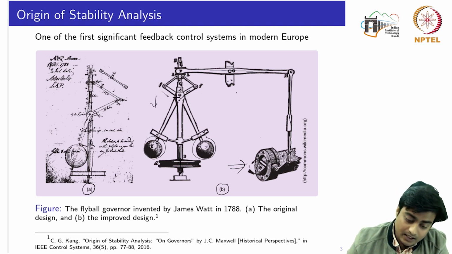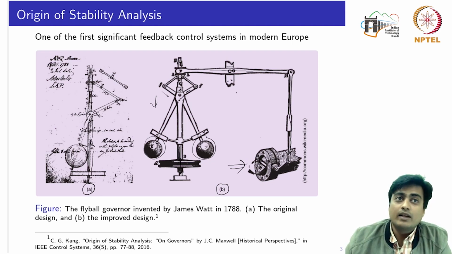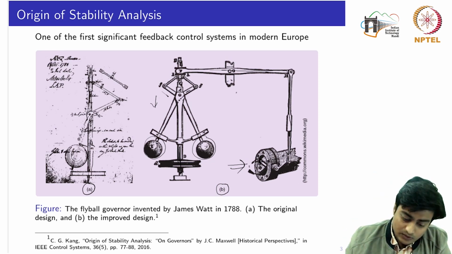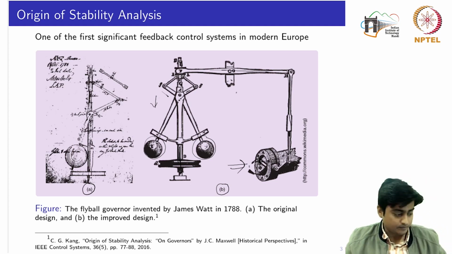Once it comes down, it closes the supply of the fuel to the engine. And once the supply is stopped, the engine will rotate at a lower speed. So basically it is to control the speed of the engine.